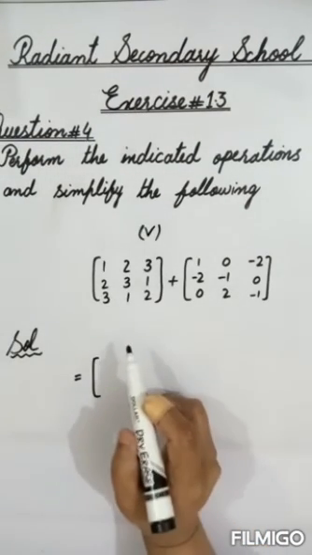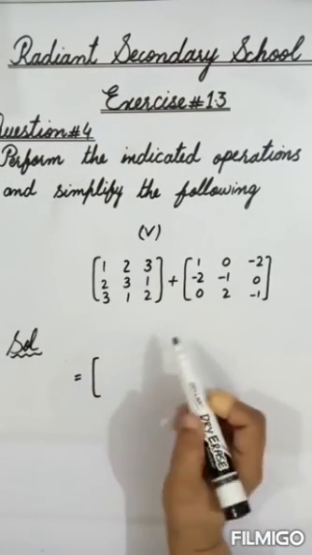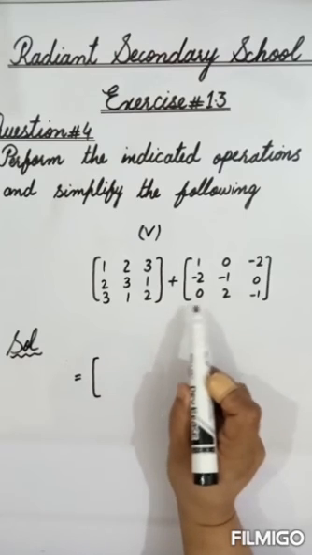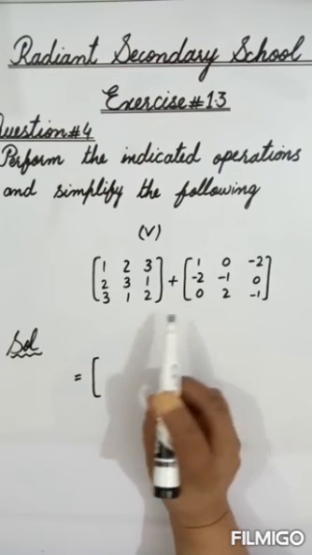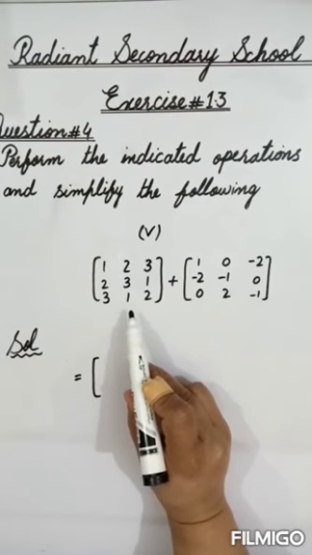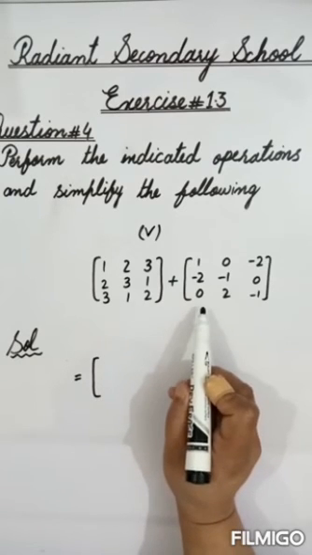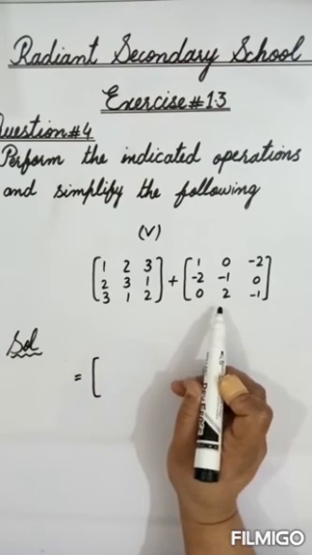Now part number 5th, the solution of the part number 5th. Again we have to add the given two matrices, and you know very well in addition of the matrices, just we have to add the entries of the first matrix with the corresponding entries of the second matrix.